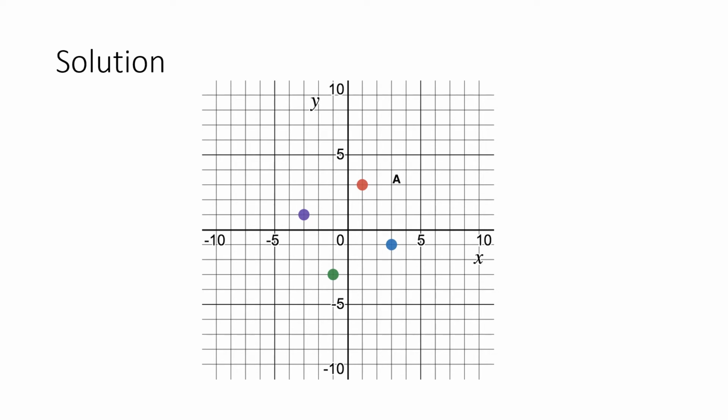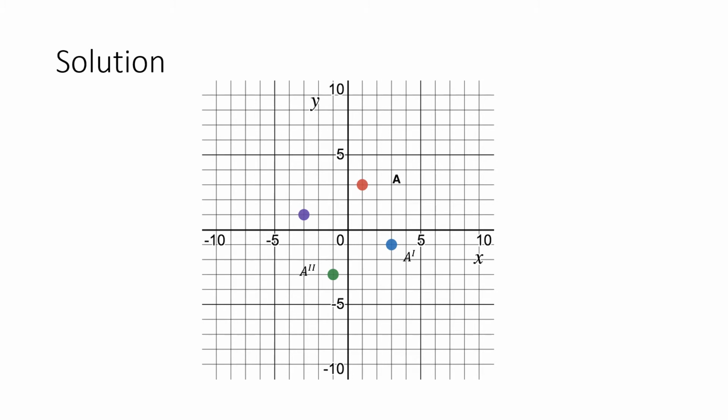When we rotate point A, which is (1, 3), 90 degrees clockwise, we get A prime. The coordinate for A prime is (3, 1). Then we rotate point A 180 degrees, clockwise or counterclockwise, doesn't matter, it will end in quadrant 3.